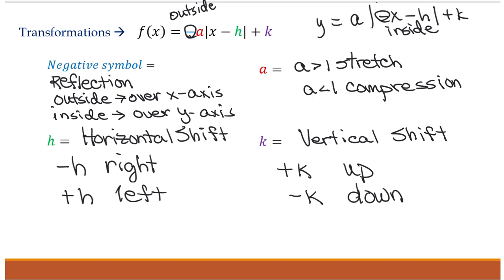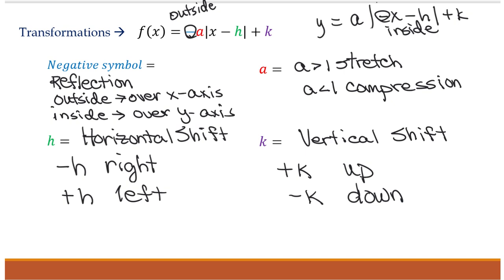A, just like before, is the number times, which is outside. If A is greater than 1, it is a stretch. If A is less than 1, it is a compression. H, that is added or subtracted inside the absolute value, is a horizontal shift. We know that that moves left or right, and it is in the opposite direction.